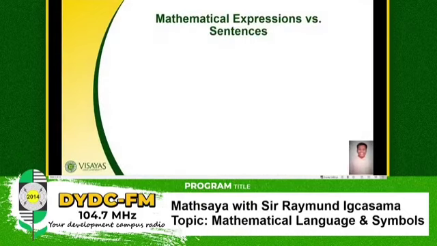So let's proceed now to our next topic, the difference between a mathematical expression and a mathematical sentence. Mathematical language is the same as the study of language or linguistics or English.